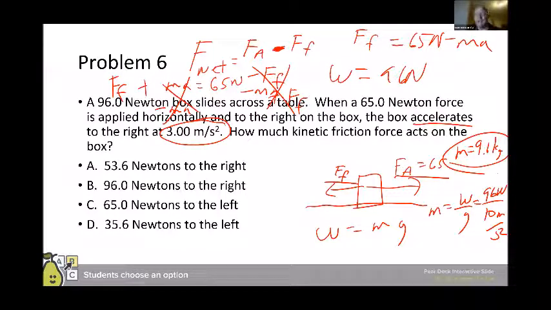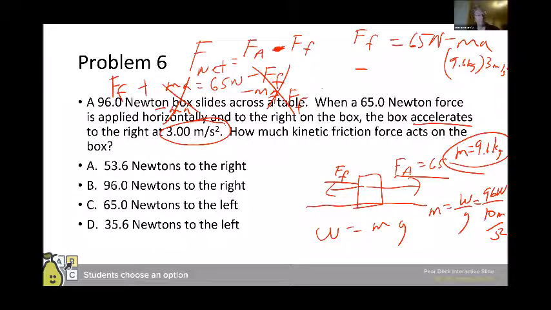So if we plug that in up here, 9.6 kilograms, and we plug in an A of 3, now we can do the math. So 9.6 times 3, that's 28.8, and subtract that from 65.